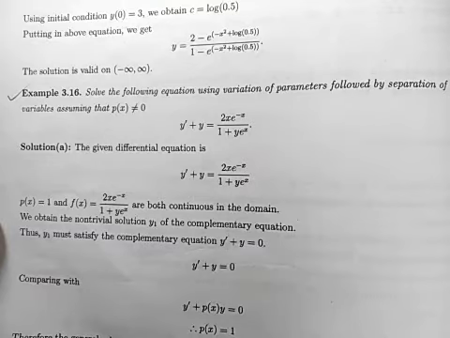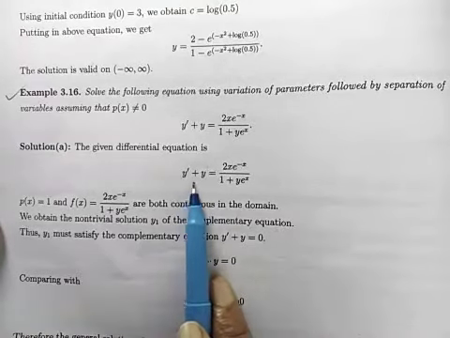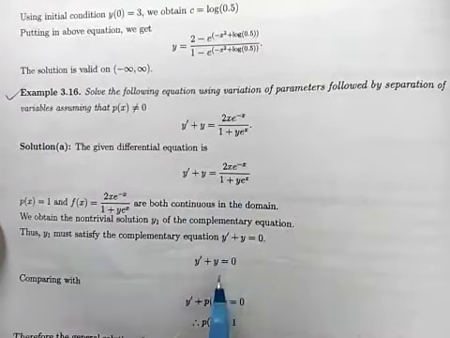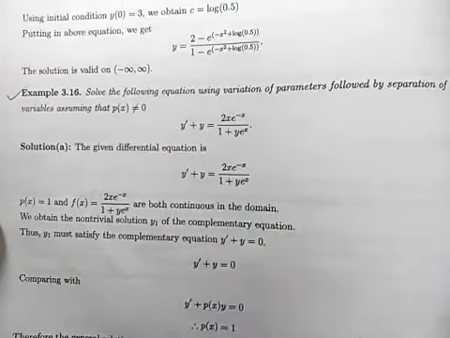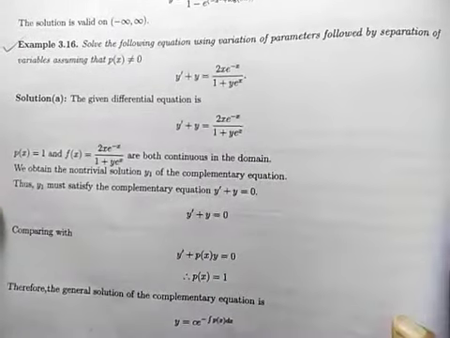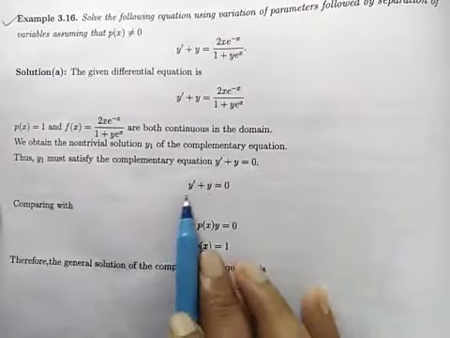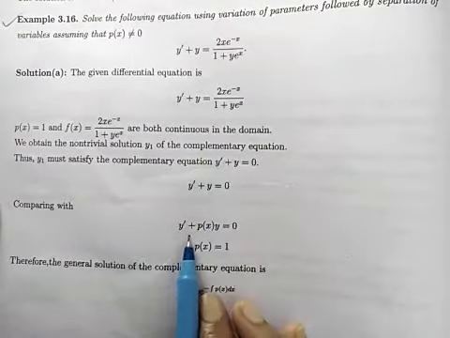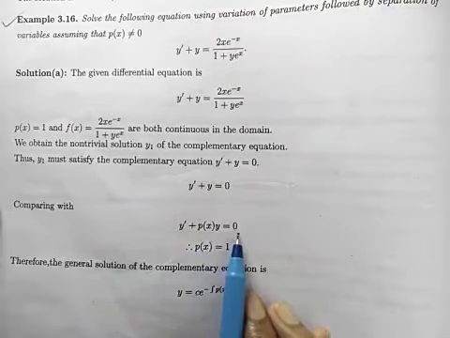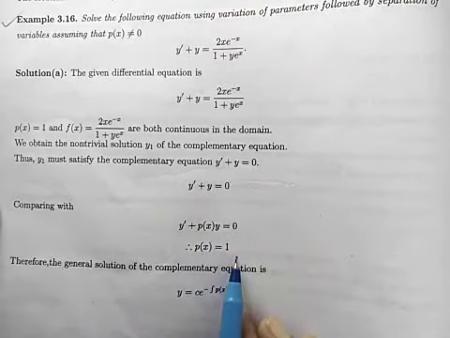So first, let us find the complementary function. From this, the complementary equation is y' + y = 0. Let us find its general solution. Comparing it with y' + p(x) y = 0, p(x) is 1.